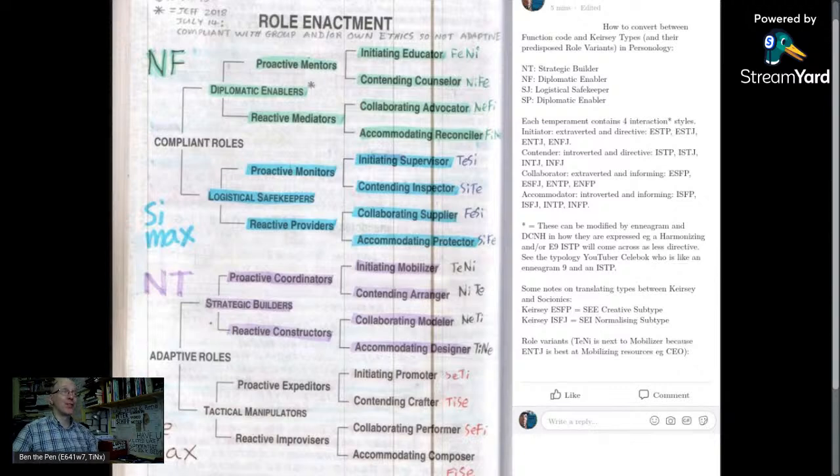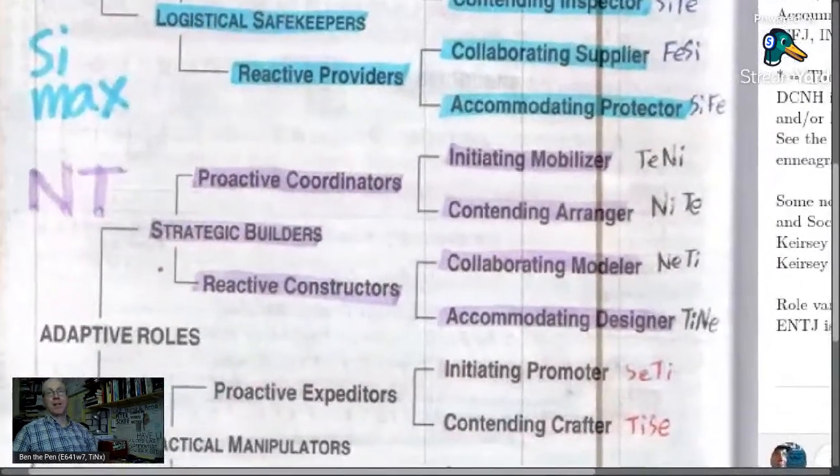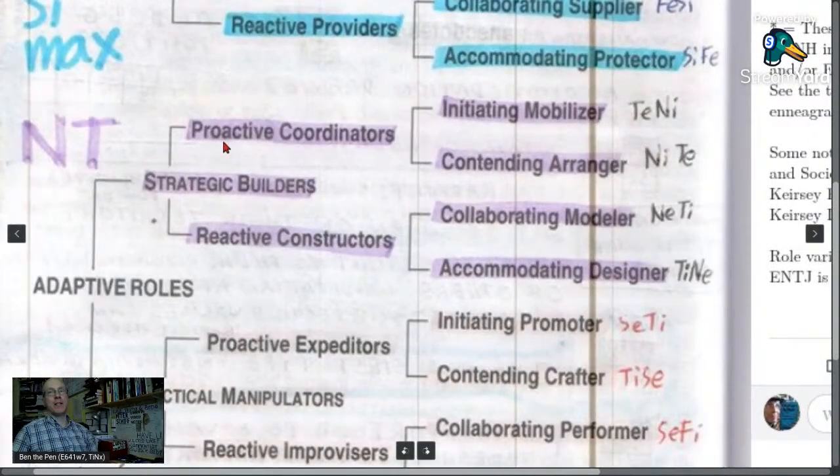Vince McMahon, super ESTP. You've got your ISTP there. This is a way of getting your functions correct in your definitions, because ENTJ is very good at this role, the mobilizer, the CEO role, and we can say that correlates with Te and Ni together.